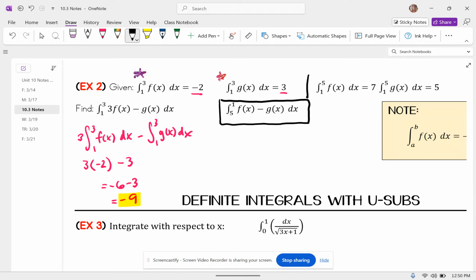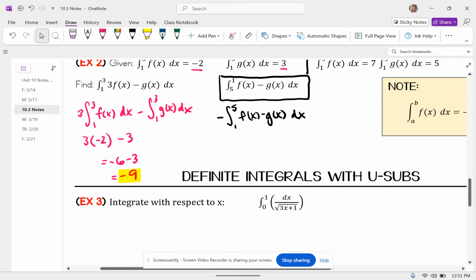A negative, right? If I have to switch the bounds so they match my intuition, I need to put a negative out front. So then now I have f of x minus g of x dx, okay?